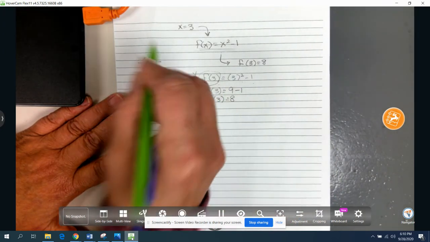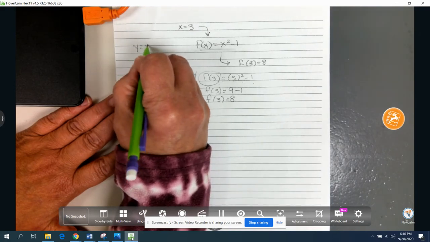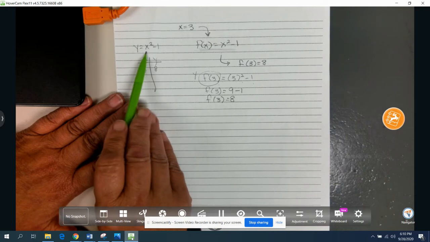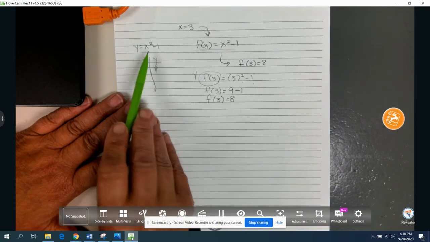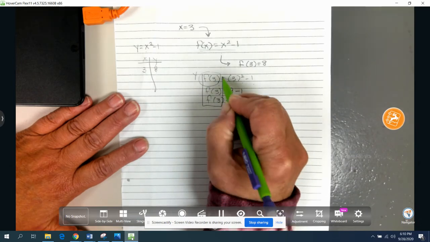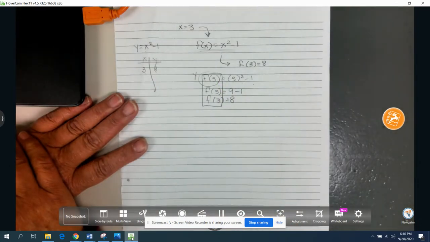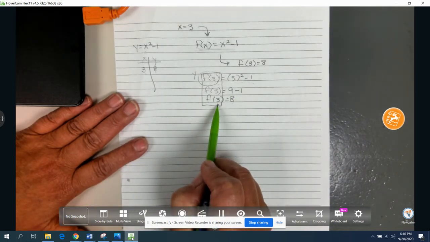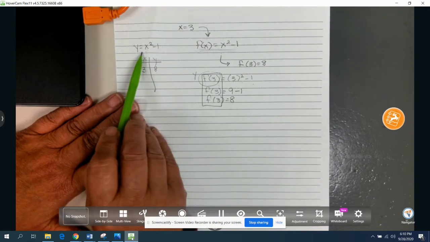So if I were to use this equation, notice when I plug in, 3 squared minus 1 is equal to 8. It's the same idea here. This function notation right here just shows that this is the output when the input is 3. If I just use my equation here, it does lack some information.